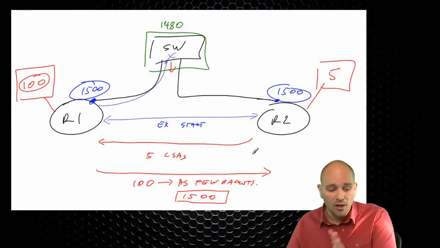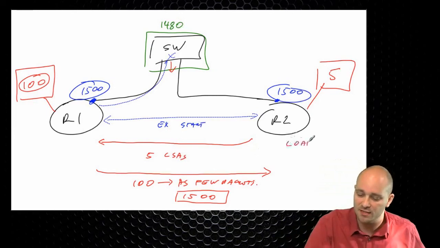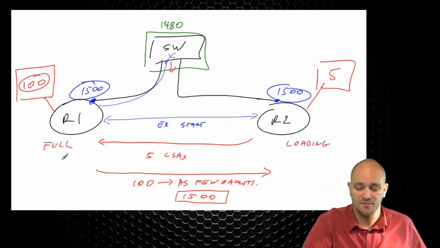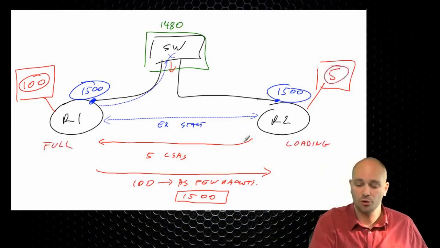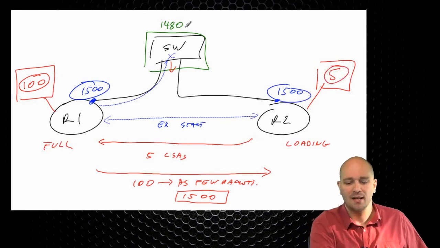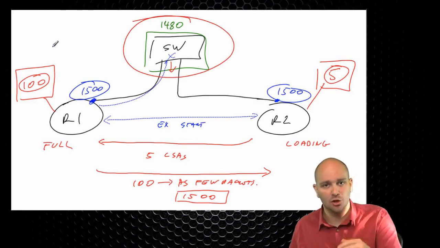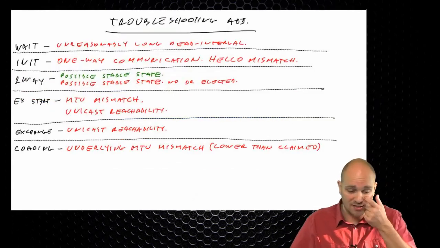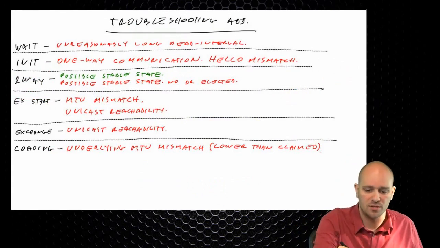You're going to have a weird situation where this side says the neighbor is loading and this side is fully okay. Why? Because there were only 5 routes going in one direction and 100 routes going in the other. This is what I meant by underlying MTU mismatch: something in your layer 2 is dropping this traffic. So if you have routers that are stuck in loading, this would probably be the number one reason for it.